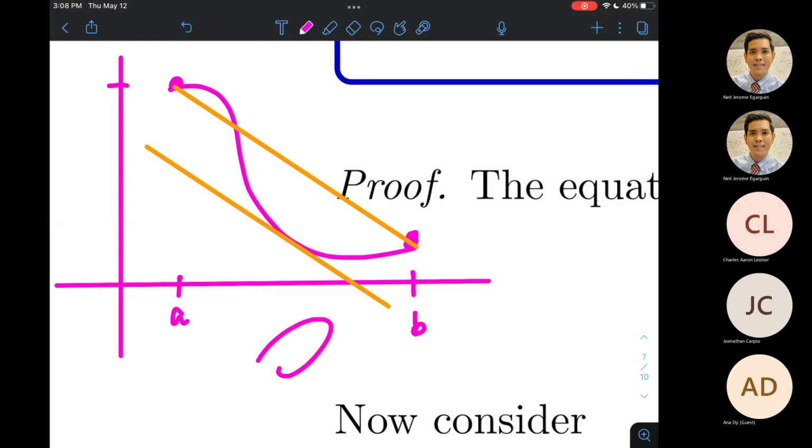Ayun. Yan yung C. Okay? So yun yung idea. Though the mean value theorem doesn't say how many of them ang nag-exist, ilang C's yung posible. Alright? Sabi niya lang, at least merong isa. Okay? Hindi ko na alam kung ilan, pero sure ako meron.